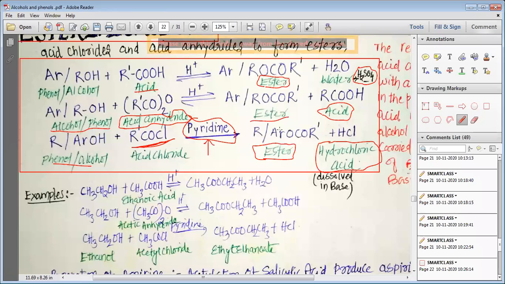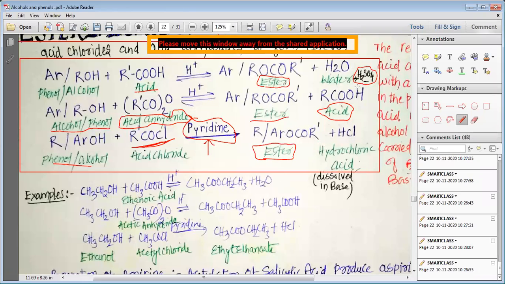Now, remember, my dear students, what is the role of the catalyst that we use in this esterification reaction? When phenol or alcohol are allowed to react with the carboxylic acid, we use sulfuric acid as a catalyst. Why?